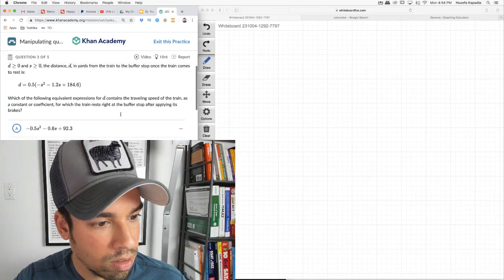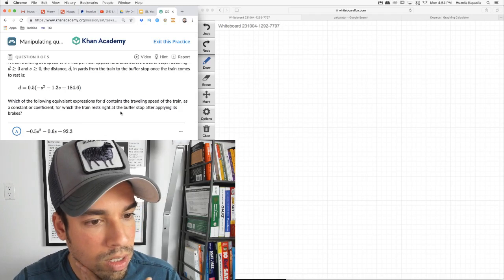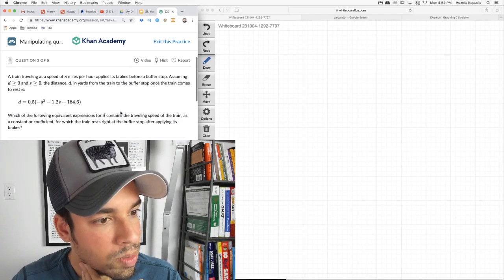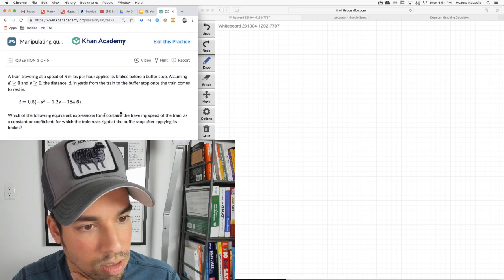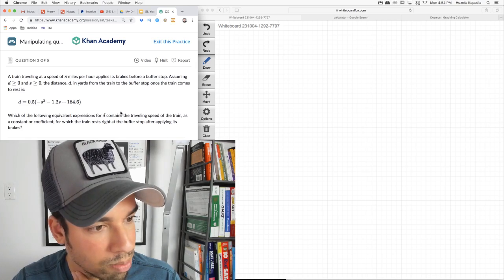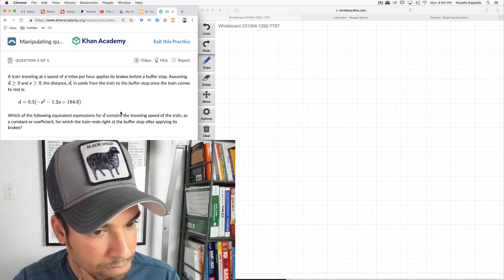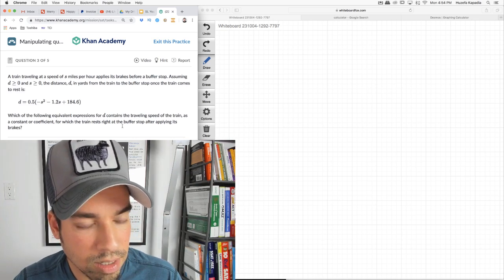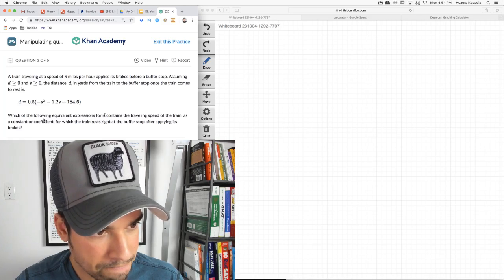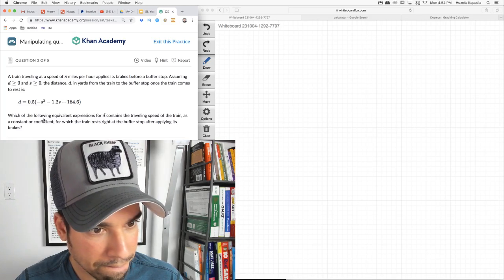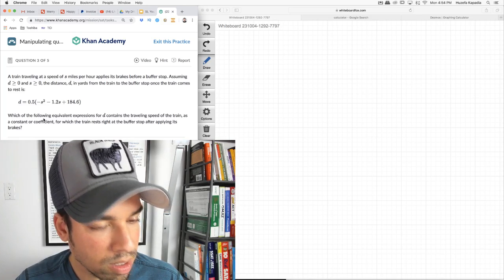Let's see. To think about this. So hold on. I have to read this one more time. Assuming d is greater than or equal to 0, the distance d in yards from the train to the buffer stop is that. Okay. For d contains the traveling speed of the train, and that's s, right?